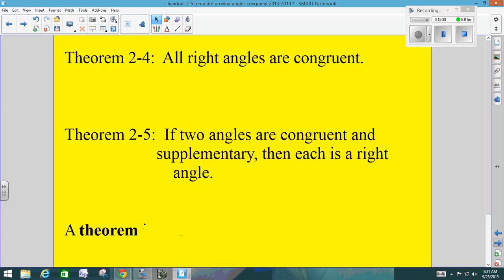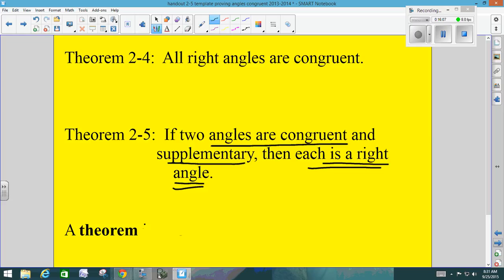Last two theorems in this section. Theorem 2.4, all right angles are congruent. Duh, right? What's it mean to be a right angle? 90 degrees. What's it mean to be congruent? The same. So if I have 18 90-degree angles, all 18 of them are congruent. And then your last one, if two angles are congruent and supplementary, then each is a right angle.